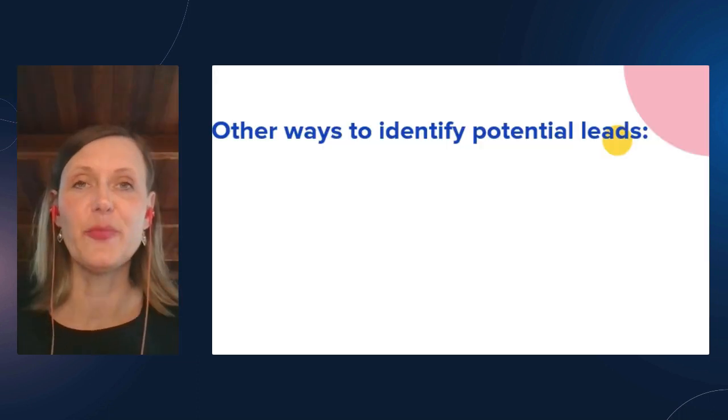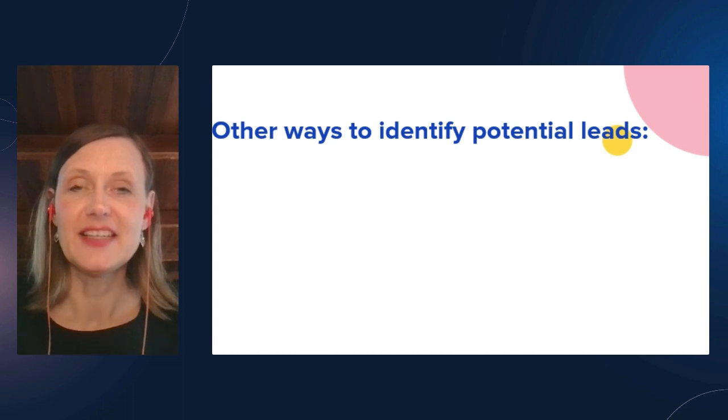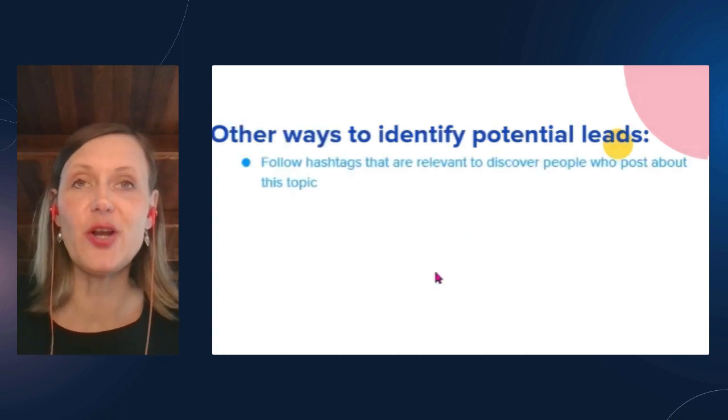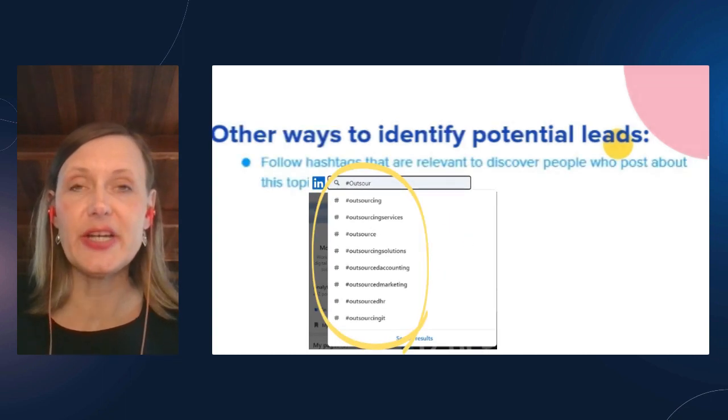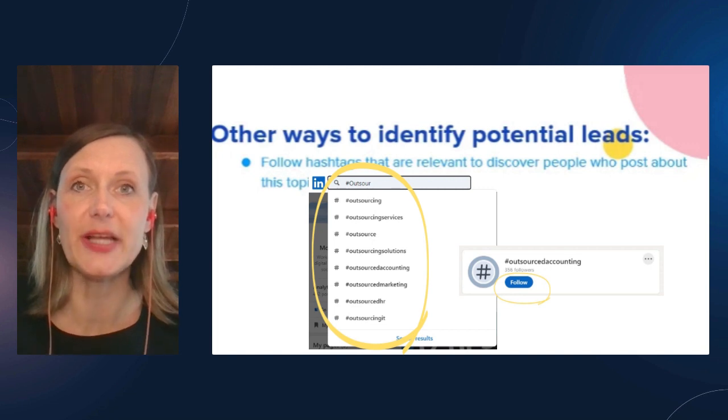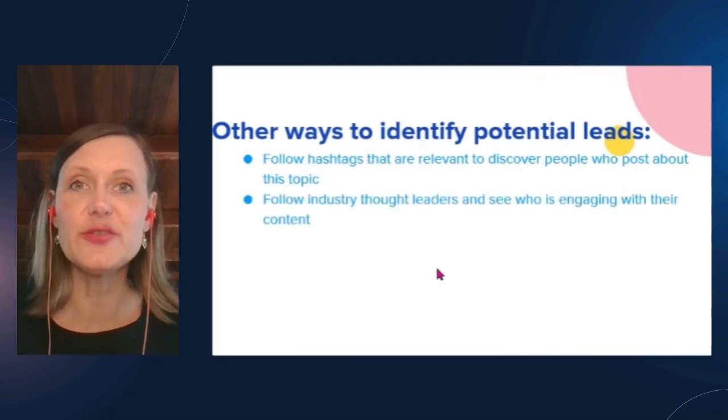While the search is the most effective way on LinkedIn to identify leads, there's a few others that I would like to point out to you. The first one is you can follow hashtags on LinkedIn. You can find those hashtags via the search, and if you follow them, you can find other relevant people that are talking about these topics. You can also follow industry thought leaders.